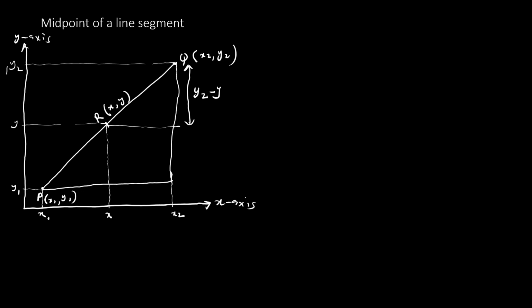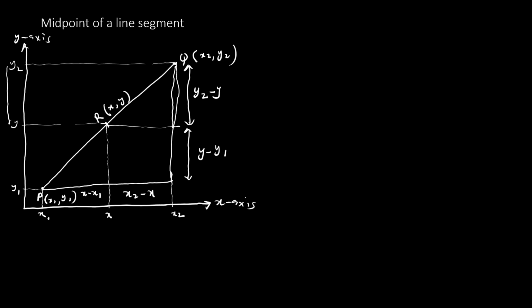The same thing as what we have here. So this is y2 minus y, and the other part is y minus y1. The same applies to the x-axis. Here we have x2 minus x, and over here we have x minus x1.